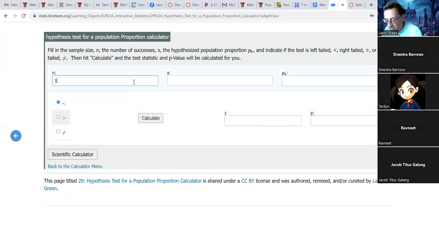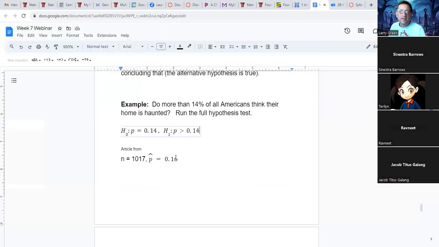Our N was 1,017. Our X, how do we get our X? How do we get the X?